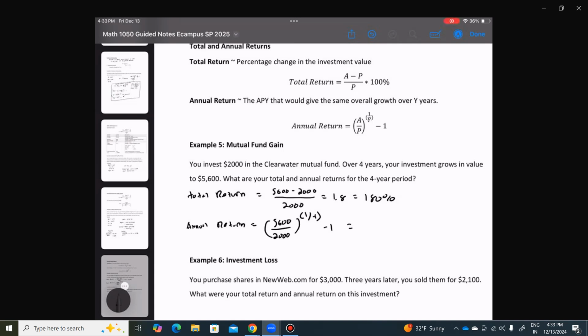So 2.8 to the 1/4 minus 1. And we get 0.294, or 29.4%. That's the annual return.